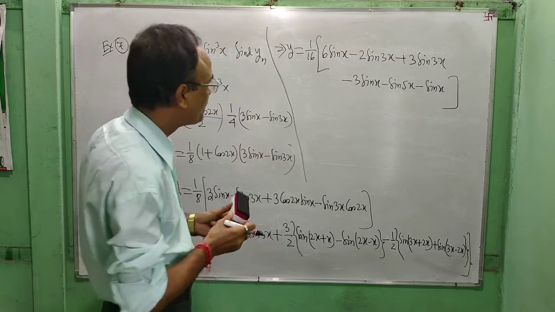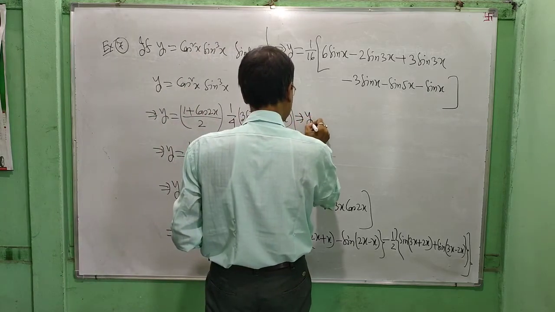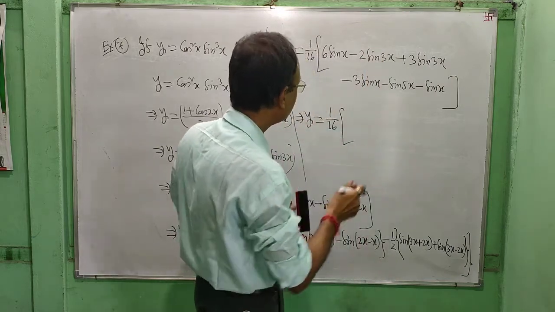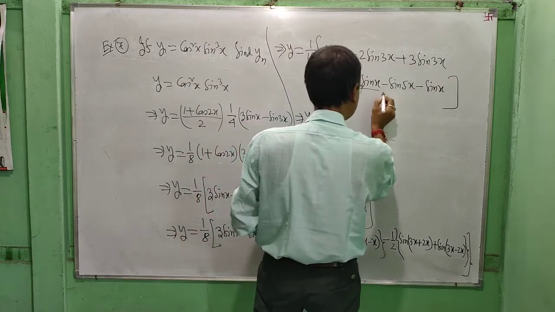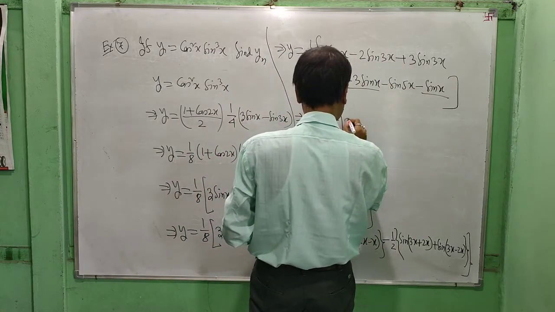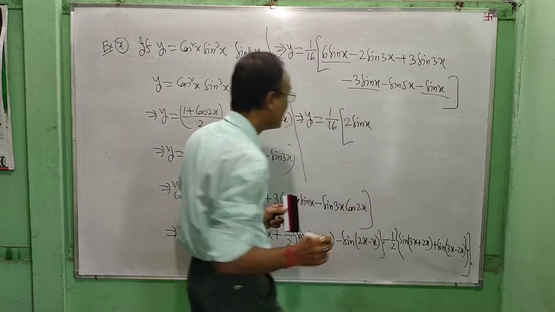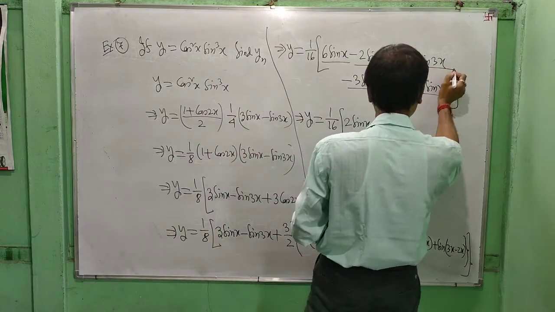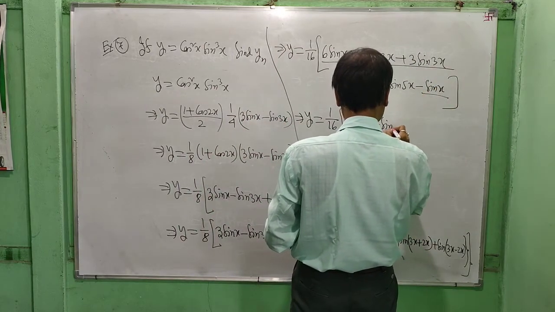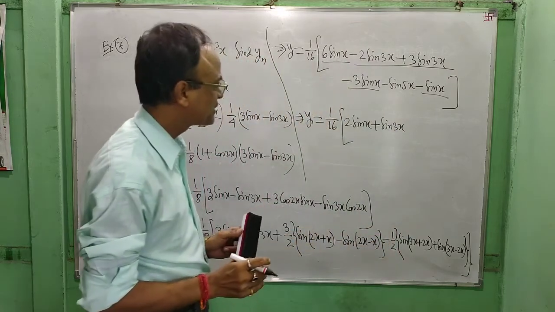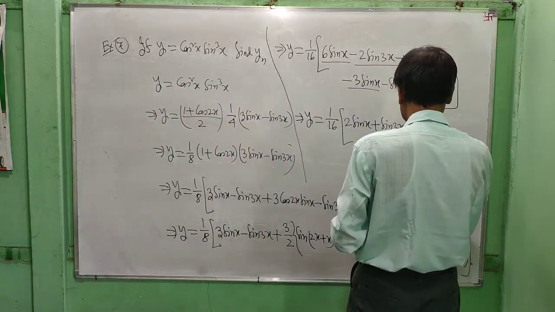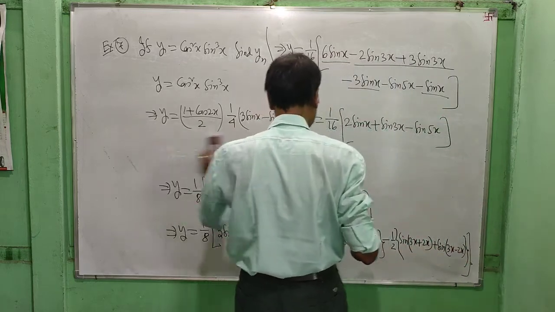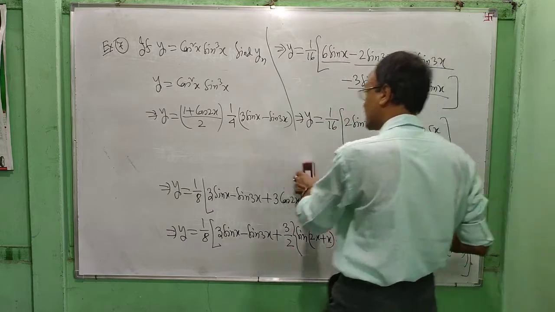This means y is equal to 1 by 16. You see, 6 sin x minus 3 sin x minus sin x will be 2 times of sin x. From these two terms, you will get sin 3x minus sin 5x.